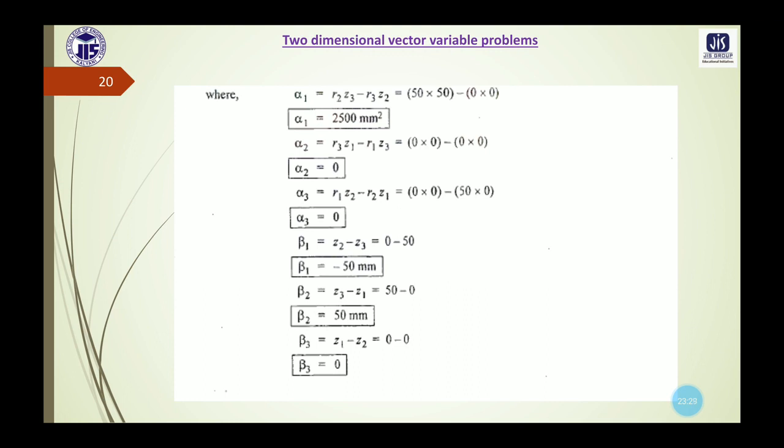For alpha 1 the formula is R2Z3 minus R3Z2, and the value of alpha 1 we get is 2500 millimeter square. Next, the formula for alpha 2 is R3Z1 minus R1Z3, which comes as 0.